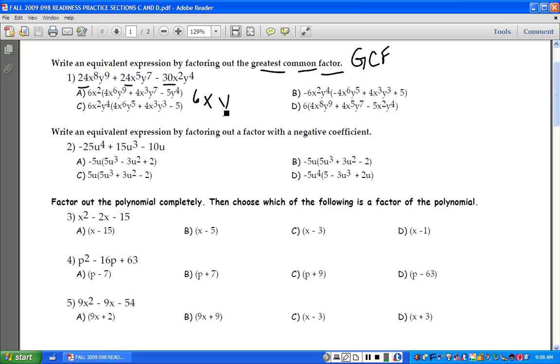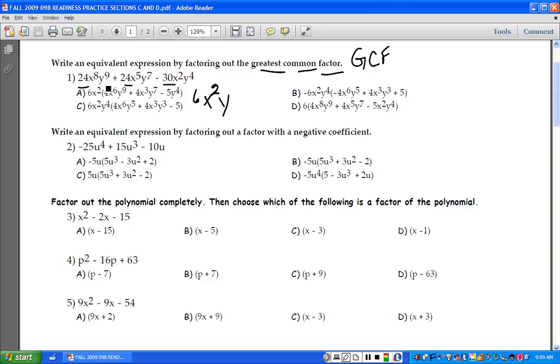Once we decide that each of these 2 variables exists in each term, we want to pull out the smallest exponent represented by that variable in each term. When we're looking at the x's, we see an x to the 8, an x to the 5th, and an x to the 2nd. The smallest we see is x to the 2nd. So we want to pull out x squared.